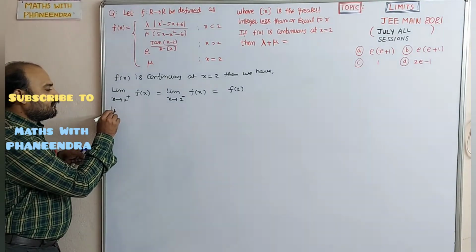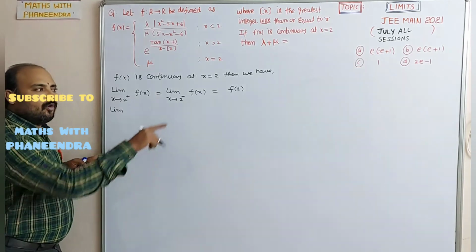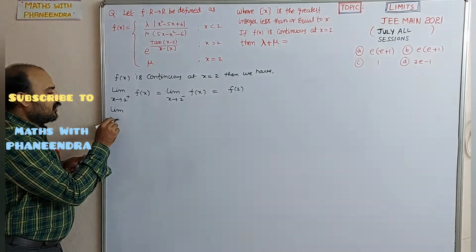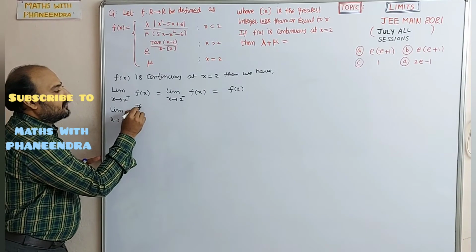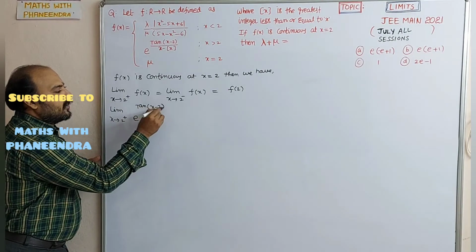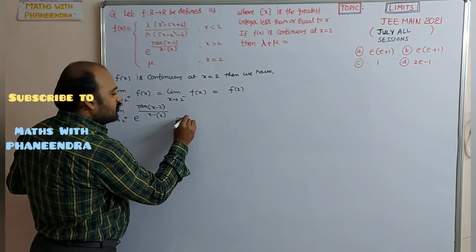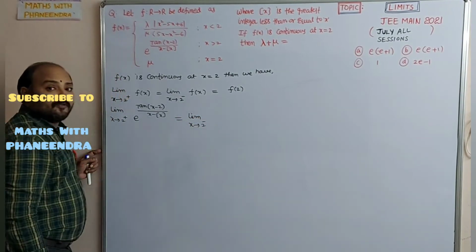First I will write the limits, respectively greater than 2, less than 2. After that I will explain what function we will consider, what values we will consider. Limit x tends to 2 plus e power tan of x minus 2 divided by x minus step x, which is equal to limit x tends to 2 minus f of x.